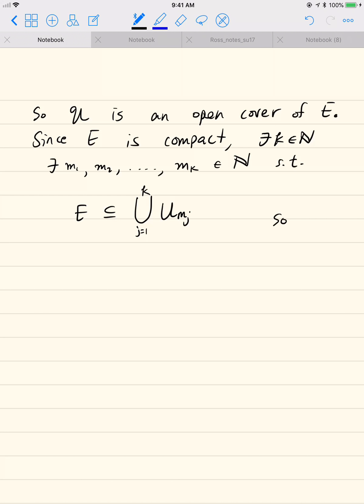In other words, this collection of U_{M_j}, j between 1 and K, is a finite subcover of E.